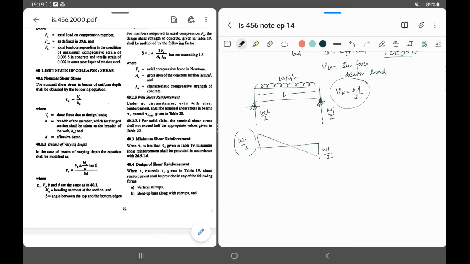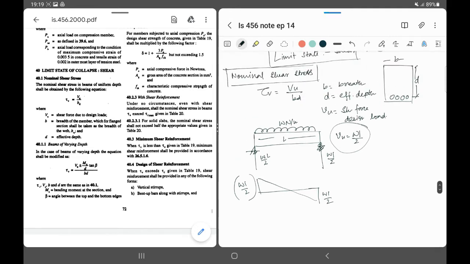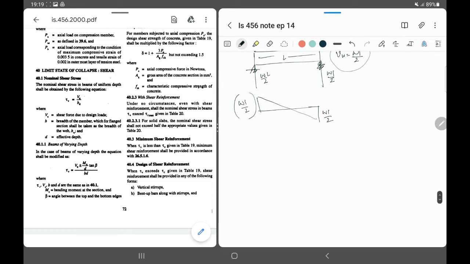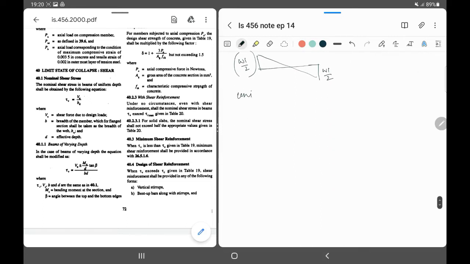One more thing, this nominal shear stress formula is only for a uniform depth. Uniform depth means, suppose this is your beam, everywhere the depth should be d, not less than d and not greater than d.